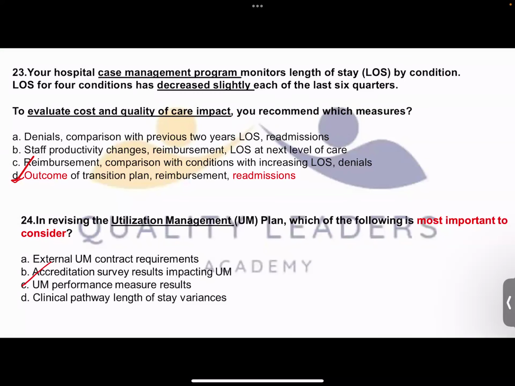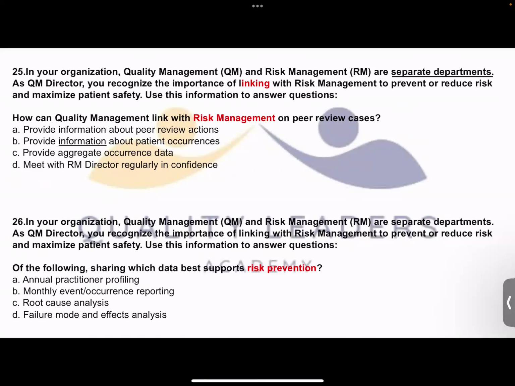Remember, okay? Number 25. In your organization, quality management and risk management are separate departments. As quality management director, you recognize the importance of linking with risk management to reduce risk and maximize patient safety. Use this information to answer the question.